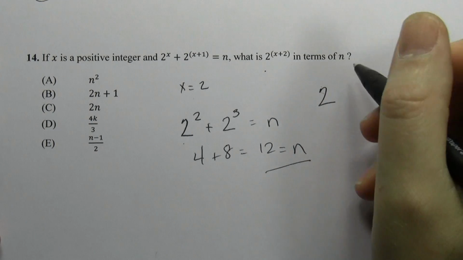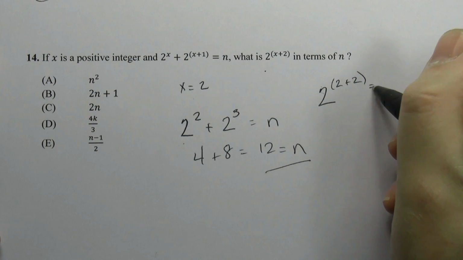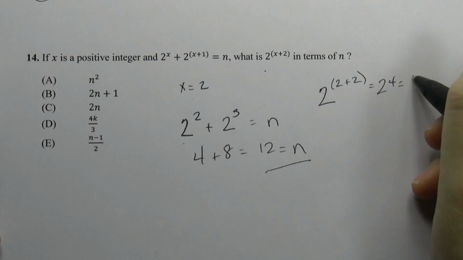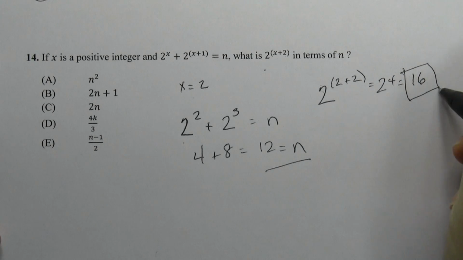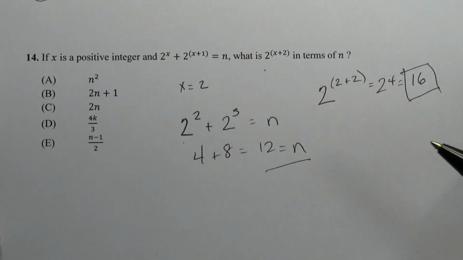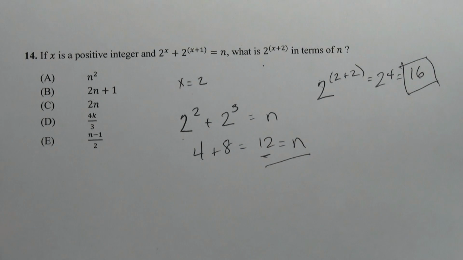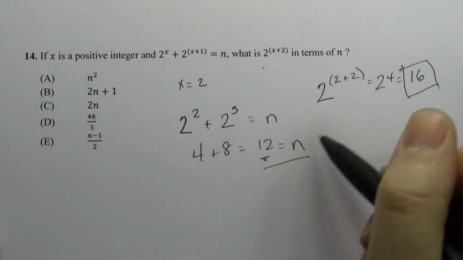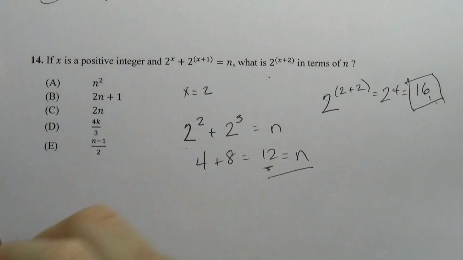So 2 raised to the 2 plus 2 equals 2 to the 4th equals 16, right? So the question we're actually solving for is which of these answer choices represents 16 when n equals 12. All right, so again, we're taking 12, putting it in the answer choices, and picking the one that equals 16, right?